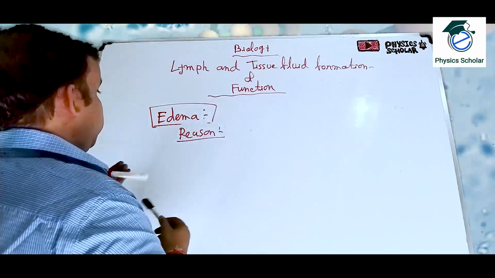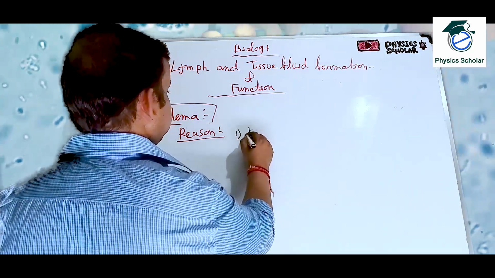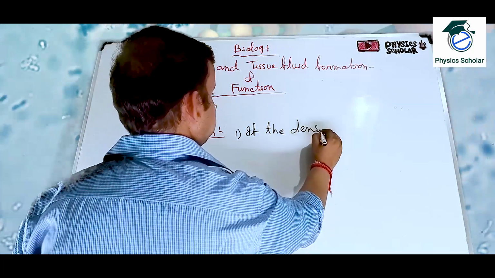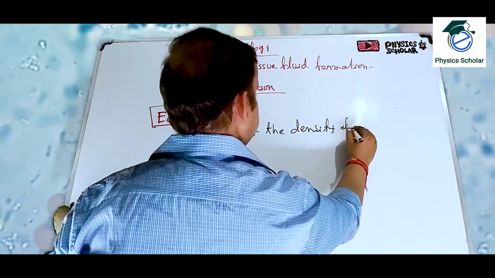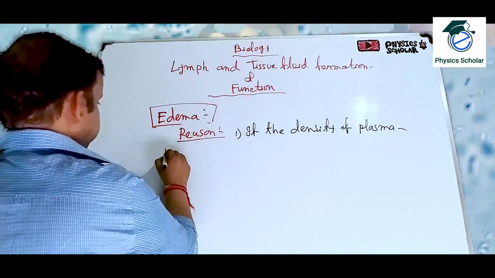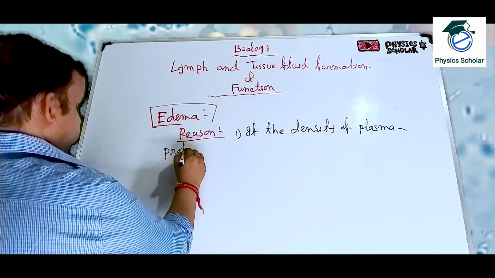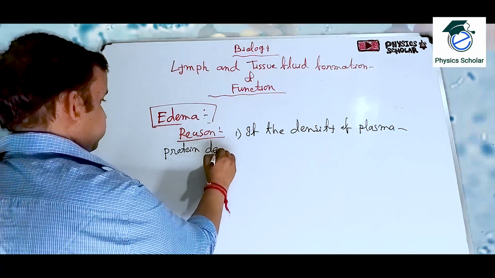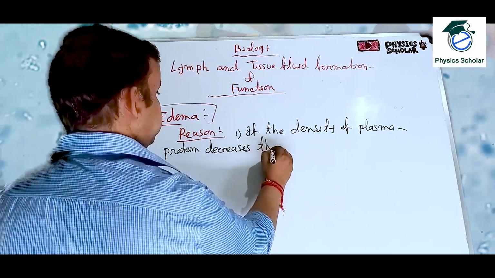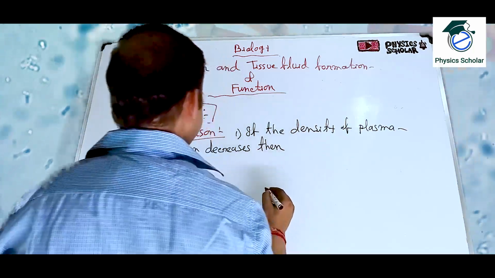Then first of all, if the density of plasma protein decreases, what will happen?